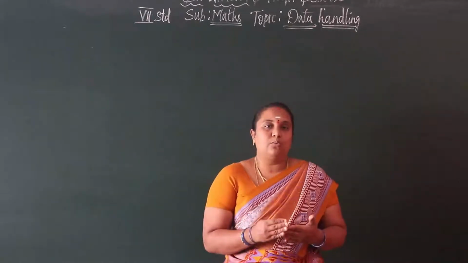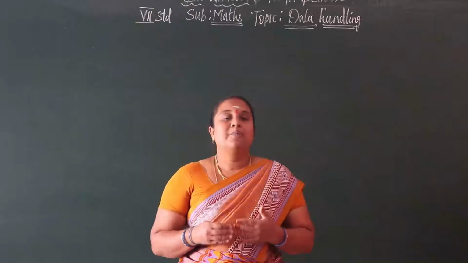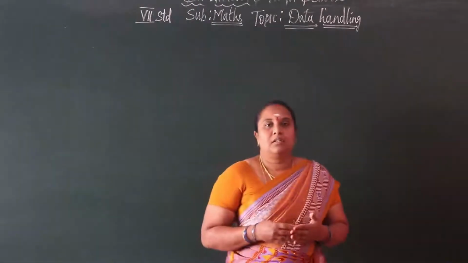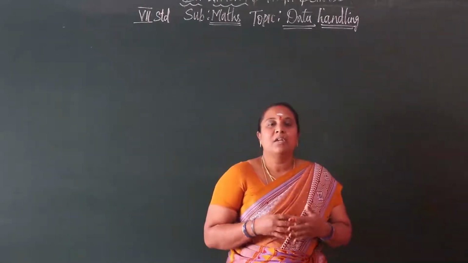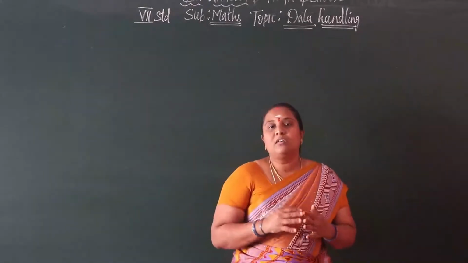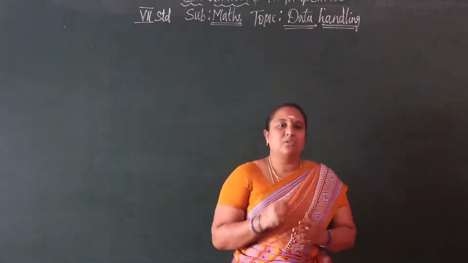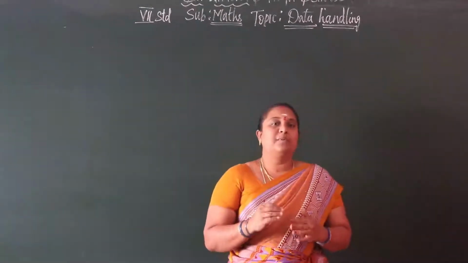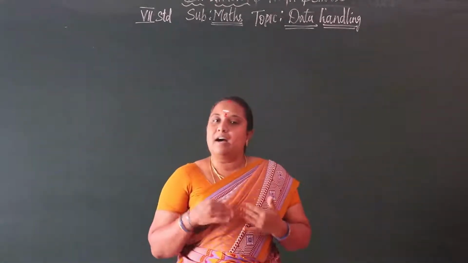If you are going to buy a new dress, the dress seller is there, and he asks you to tell your range, in what range you want to take your dress. You say in rupees, 1000 rupees or 500 rupees or 700 rupees, we are telling our range.